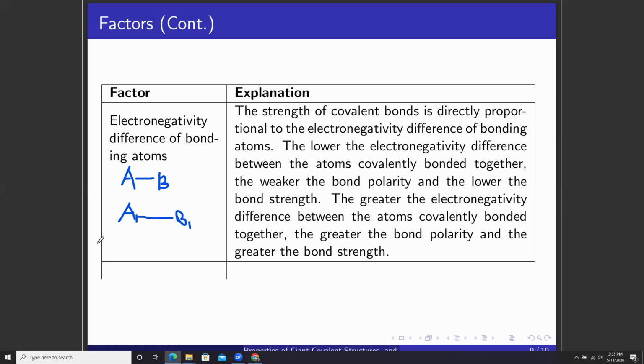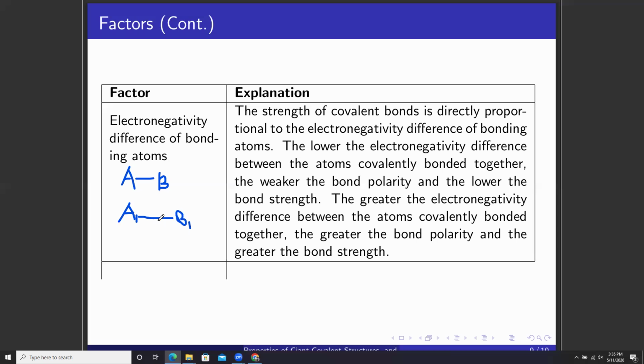For example, if B1 is less electronegative than A1, do you know what that implies? Previously, I explained electronegativity. If you are watching this video for the first time, look for those sessions, the series of tutorials on electronegativity.